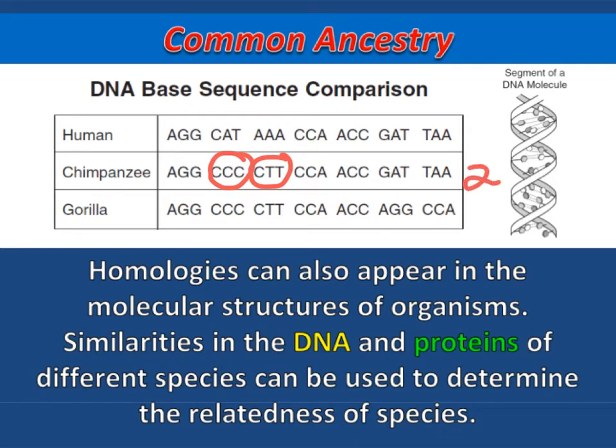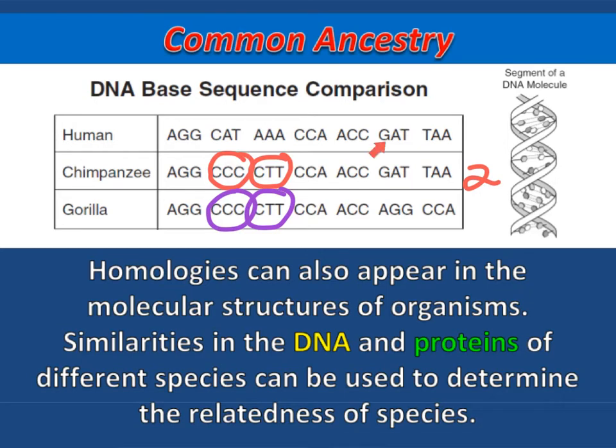Now let's compare the human to the gorilla. AGG, that's the same. CAT, but the gorilla is CCC, so that is a difference. I'm going to circle that one in purple. Okay. And then the third codon, AAAA, and then the gorilla is CTT, so that's different. CCA, same.